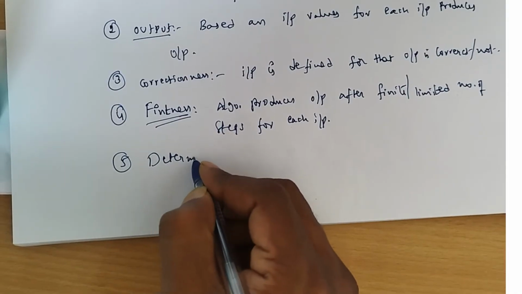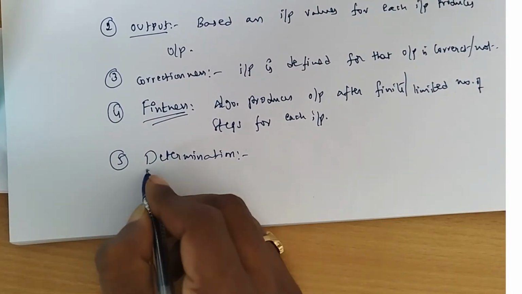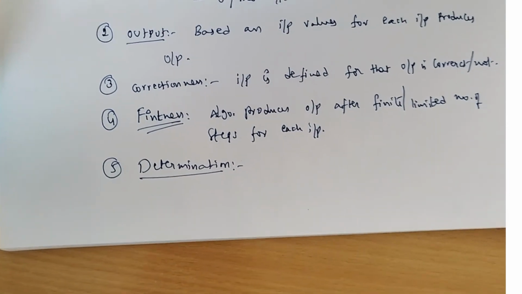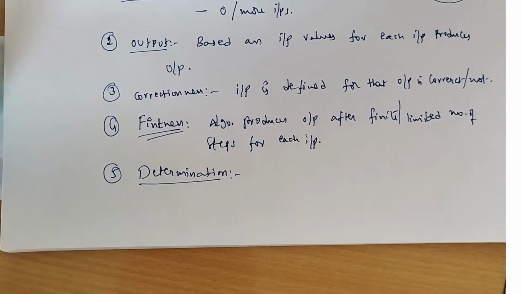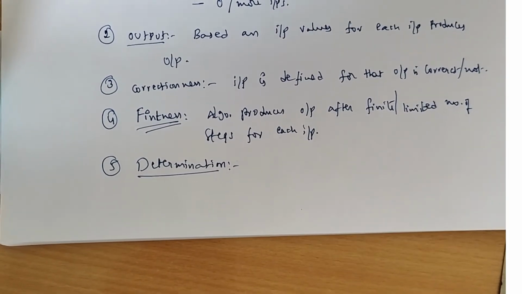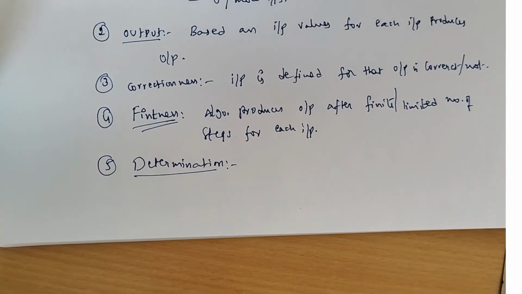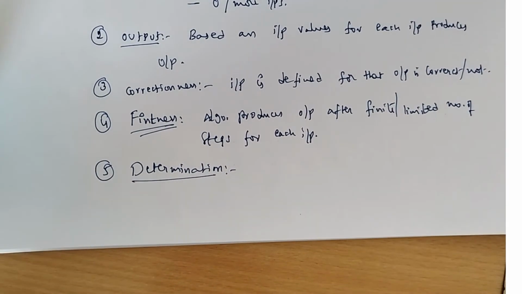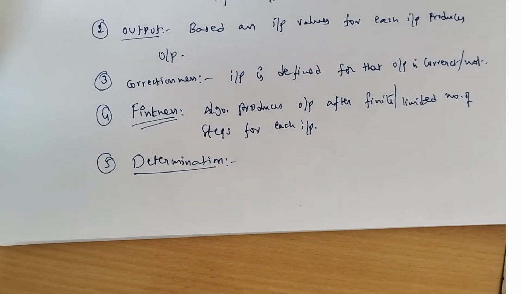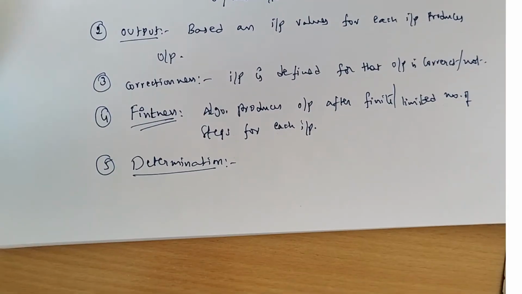Okay, next one is determination. What is the meaning of determination? Determination is nothing but after a number of steps, the result should be guaranteed. Suppose you are solving a problem with a number of steps, and the steps keep going, but the result is not produced. Then there is no use.